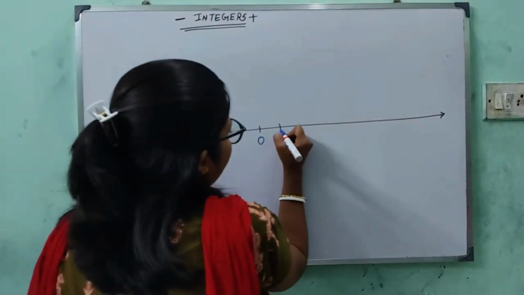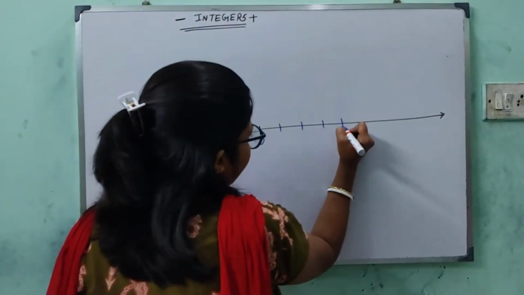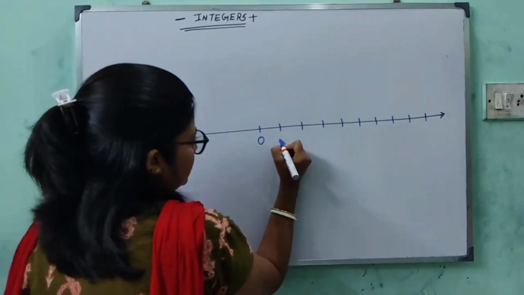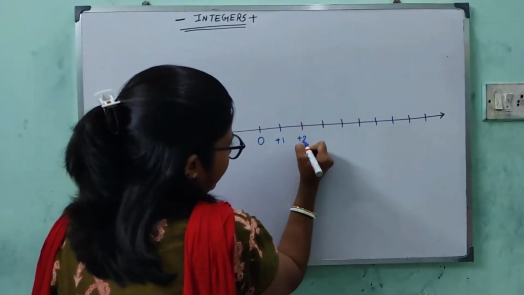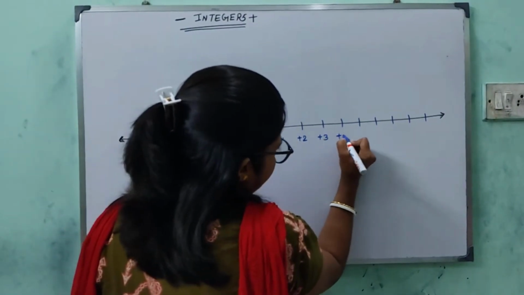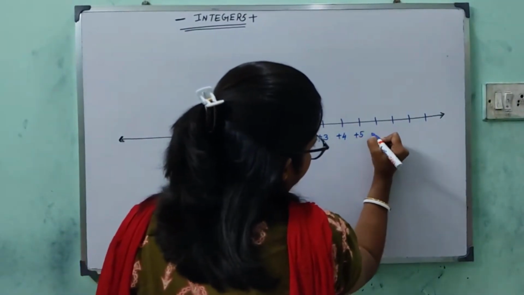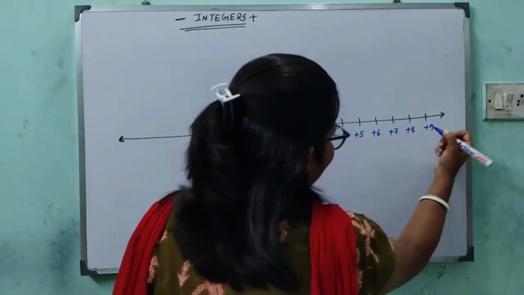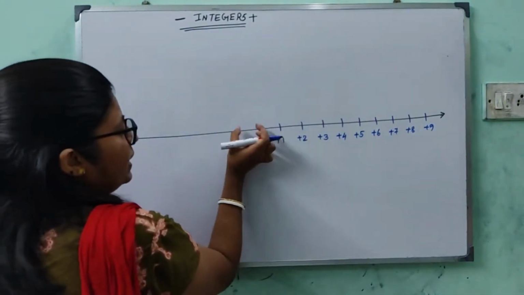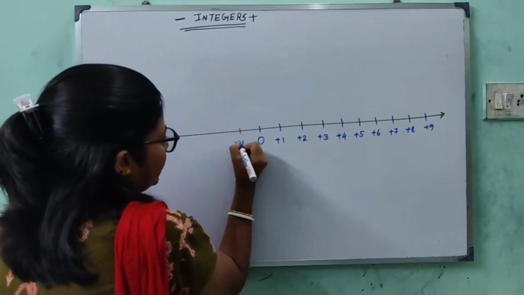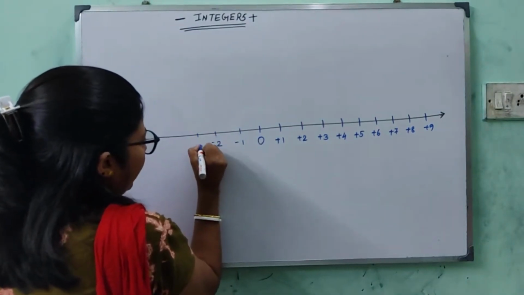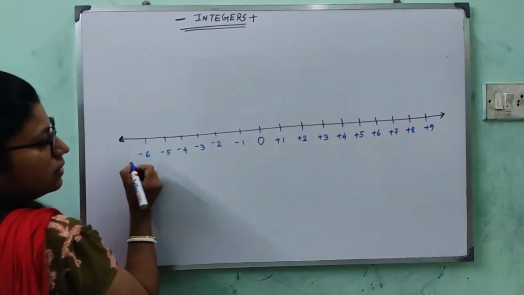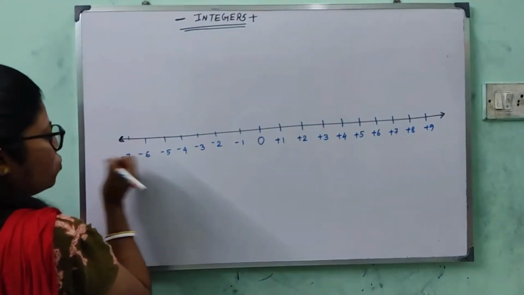Every number on the right of 0 will be representing my positive numbers. Say plus 1, plus 2, plus 3, plus 4, plus 5, plus 6, plus 7, plus 8, plus 9 and so on. And at an equal distance here, minus 1, minus 2, minus 3, minus 4, minus 5, minus 6, minus 7 and so on.